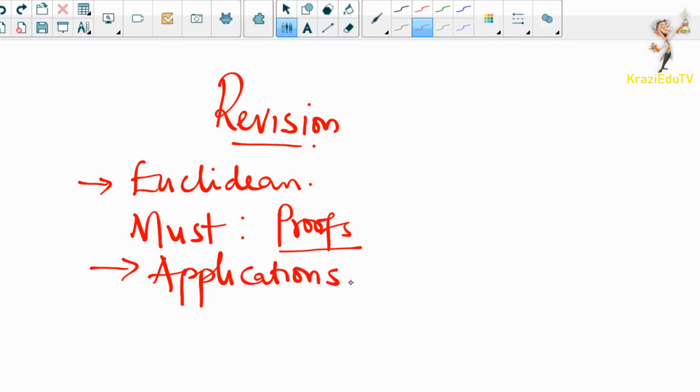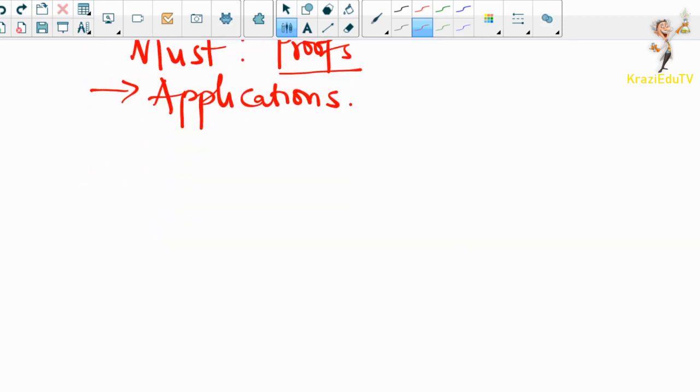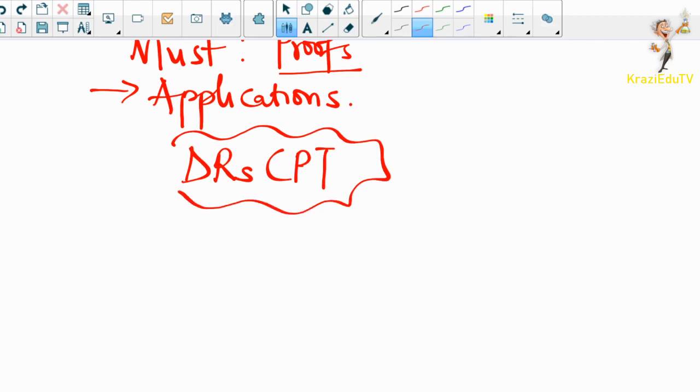I'm going to run through in a few minutes what some of those theorems are, and I will be using the acronym, the doctors in Cape Town.